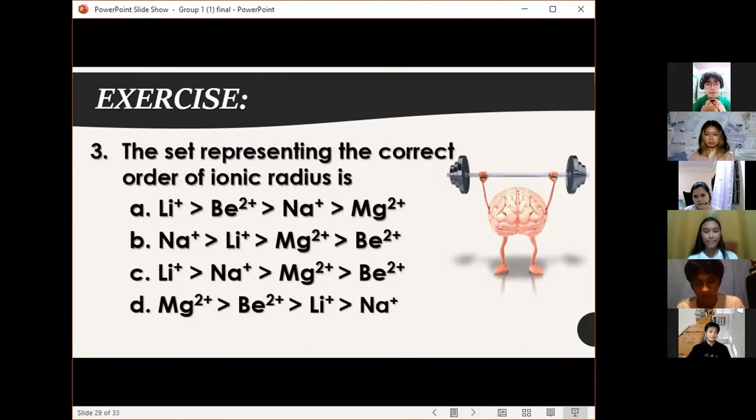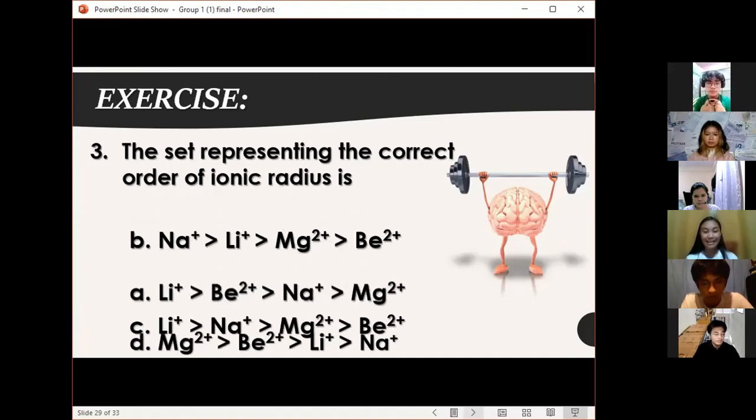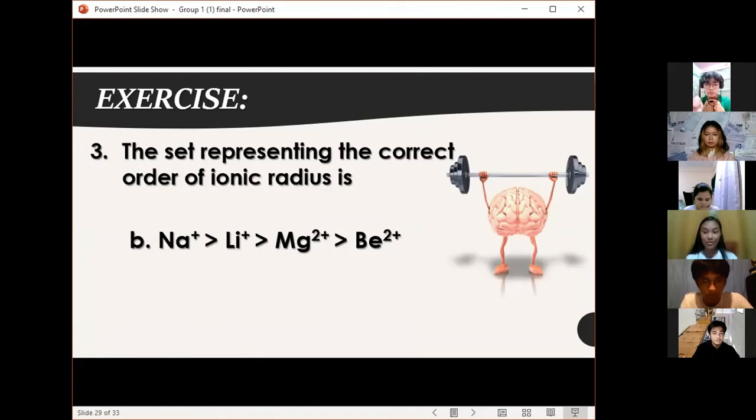The set representing the correct order of ionic radius is... If you have your periodic table with you, please take a look for better understanding. As Leonard said, from right to left, the size increases. Then, from top to bottom, it also increases. So, when we check the periodic table, sodium is below lithium, so it makes it bigger than lithium, even though they are both in the leftmost group.